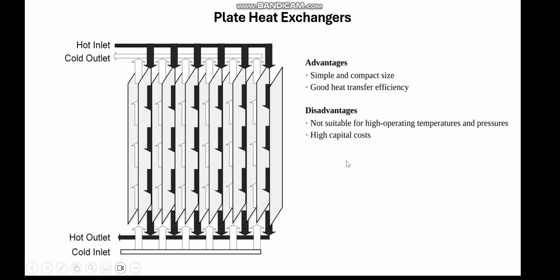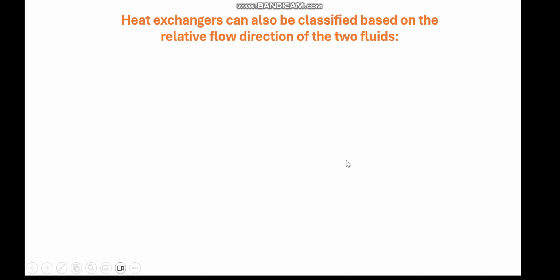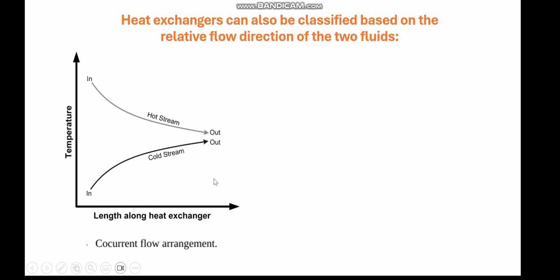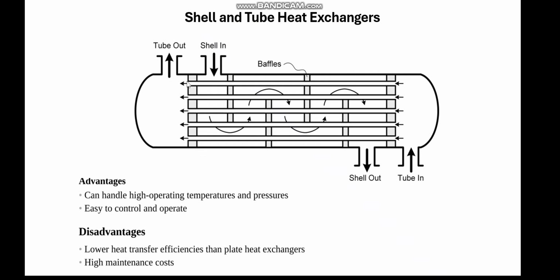Heat exchangers can also be classified based on the flow configuration. One is called the co-current flow arrangement. Here the hot and cool fluids enter from the same side of the heat exchanger. Just like here, if this plate is co-current, in that case the hot fluid and the cool fluid both enter at the same end.